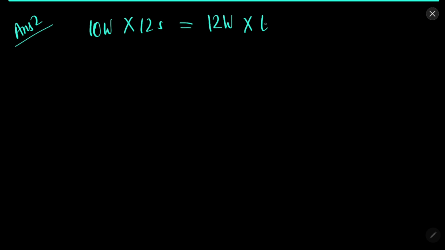So this is our second one. First of all, the formula will be like this: power into time equal to power into time, so that we get equal intensities. So simple, T will be 10 into 12 over 12, which will give us 10 seconds.